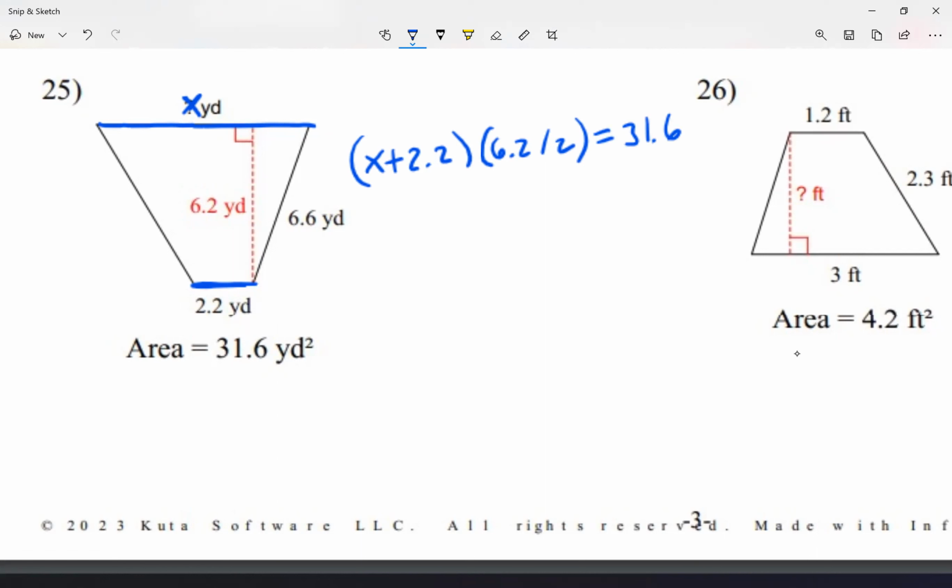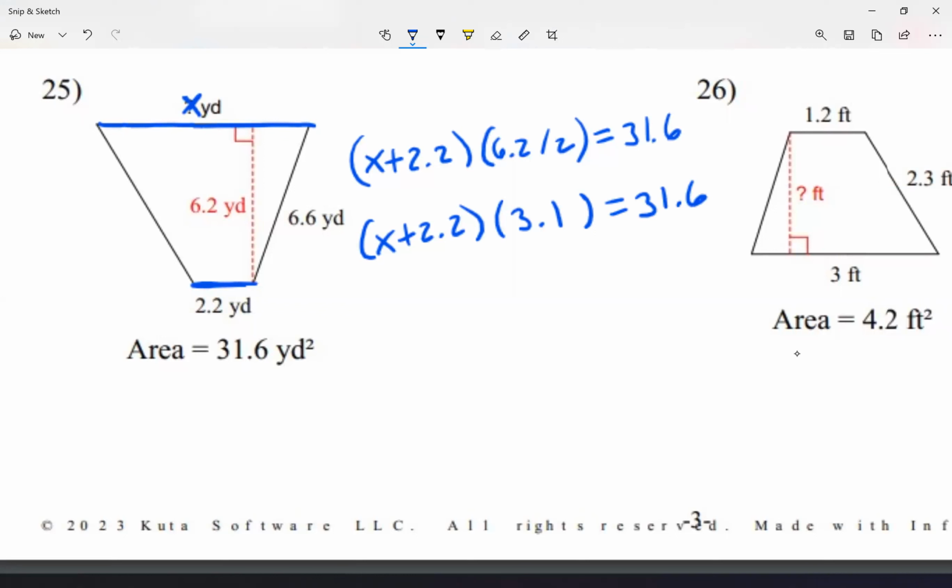All right, let me work what I can. My first parentheses, x plus 2.2, nothing I can combine. My second parentheses, 6.2 divided by 2, that is 3.1. And I know all of this is equal to 31.6.